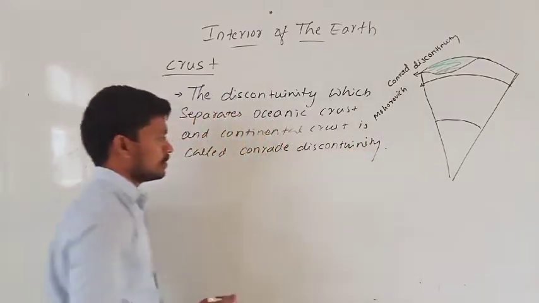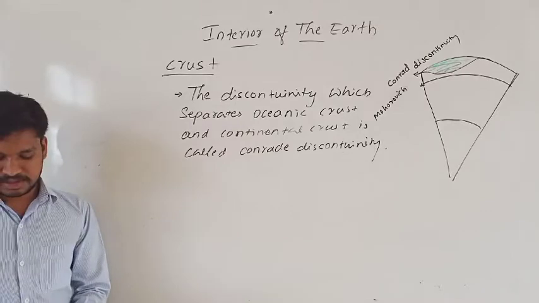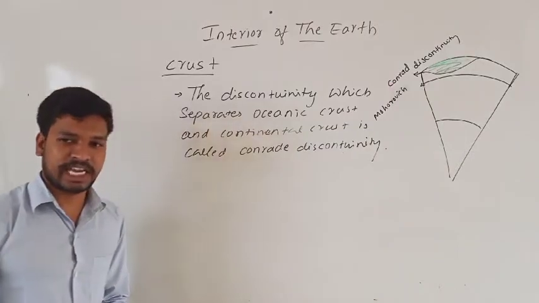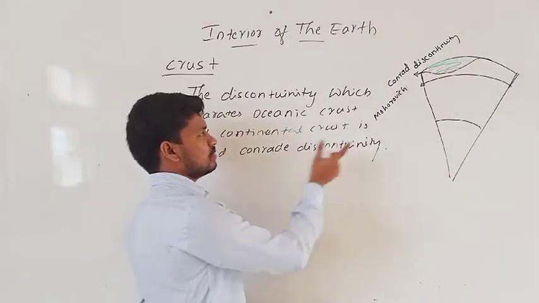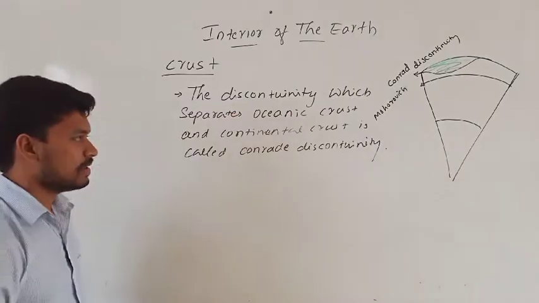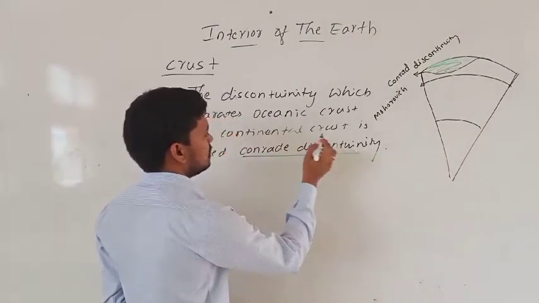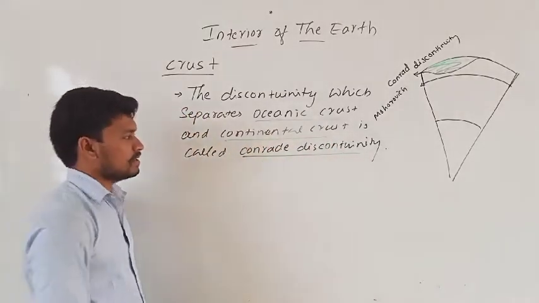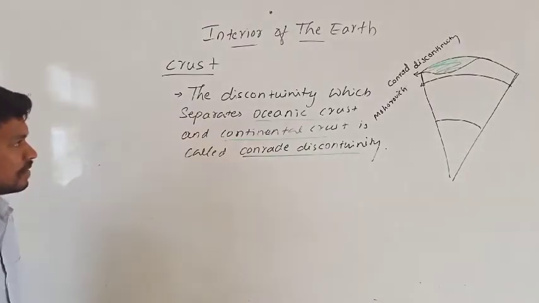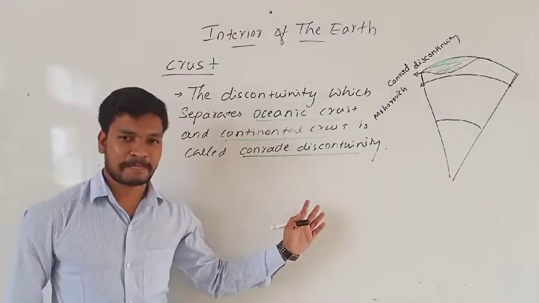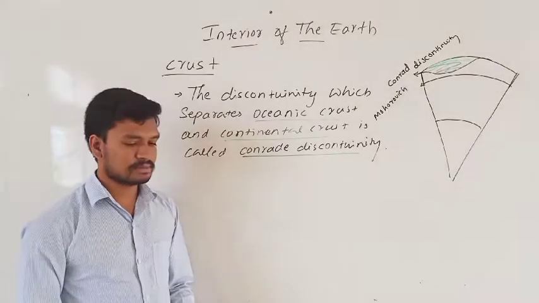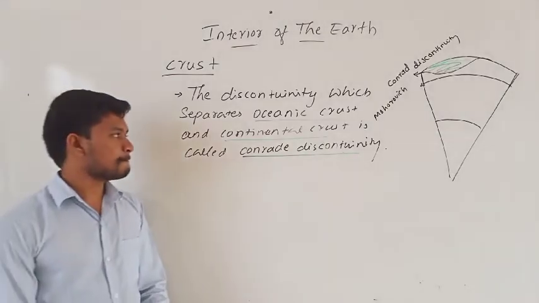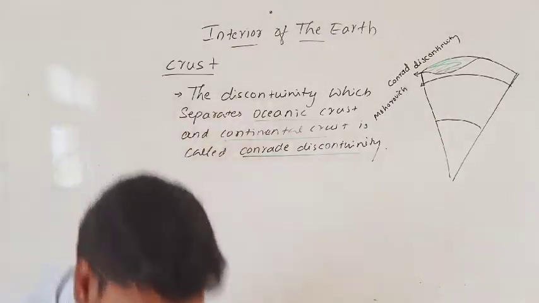Conrad is the name of a scientist, a geographer. His name has been given to the discontinuity because he found that the discontinuity which divides oceanic crust and continental crust as two separate crusts is called Conrad discontinuity. Then, have you all written? Is that all? Okay.